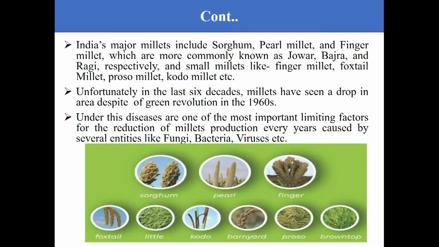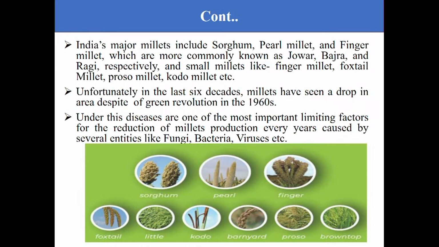India's major millets include sorghum, pearl millet, and finger millet, which are more commonly known as jowar, bajra, and ragi respectively. Small millets like foxtail millet, proso millet, and kodo millet are usually cultivated in the Indian continent.